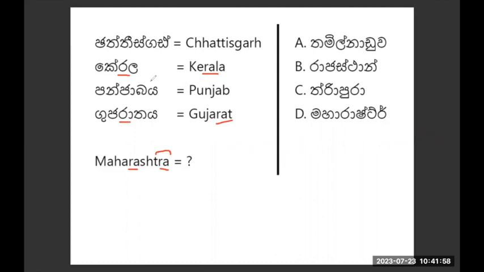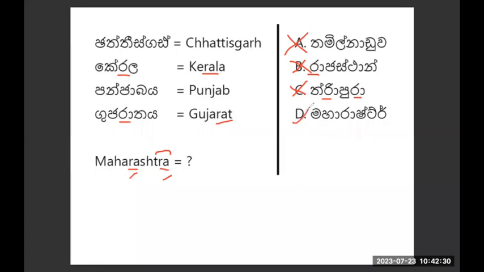Now all I need to find is where this symbol happens in ABCD. It doesn't come in A, so A is your wrong answer. In B it comes at the start, so B will also be wrong, because it comes in only one place and at the start, which is wrong. In C it comes, but at the back, and there is something weird here too. This is a real R and the end is a Tra, the Tra happens at the end and the R comes before, so C will also be wrong.